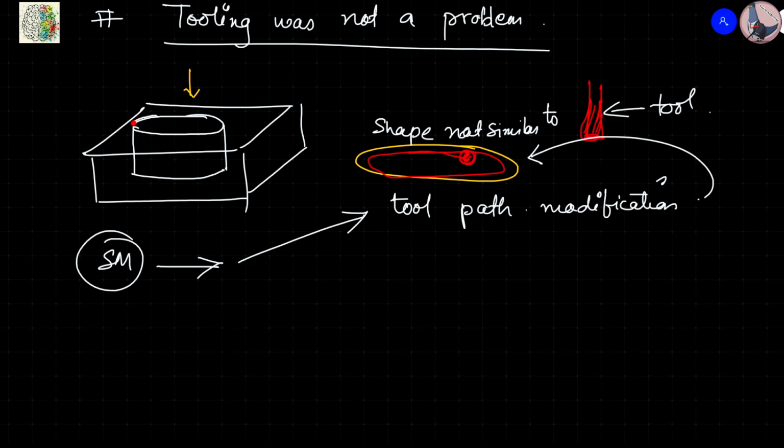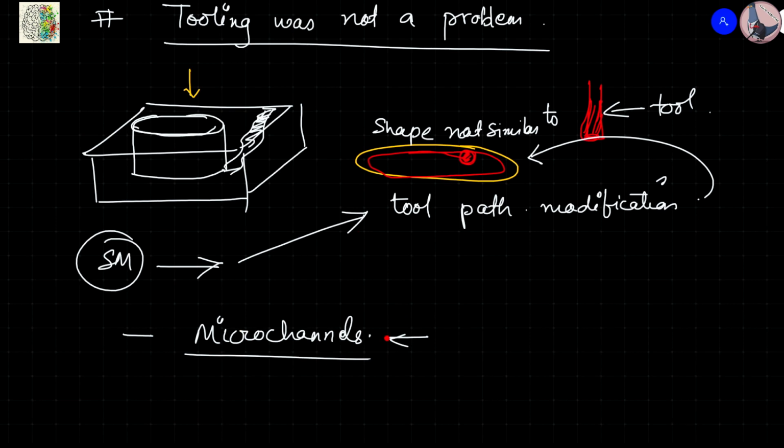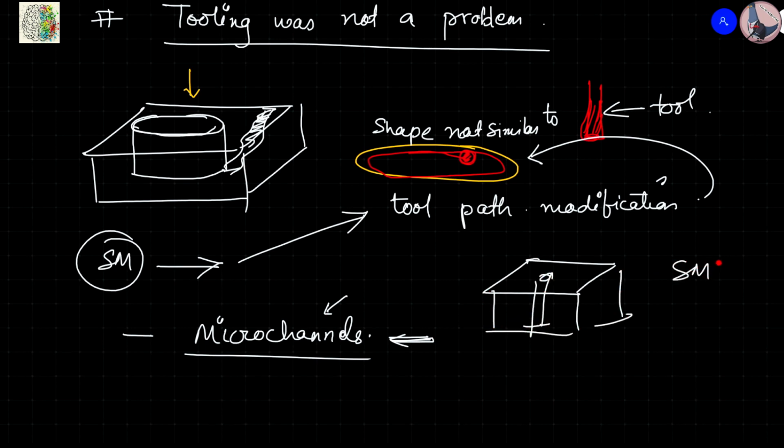Means if you want to make an elliptical hole or any channel, such things will not be a problem at all. Suppose you want to make micro channels, then subtractive manufacturing will not be a very good option, but additive manufacturing will give you very nice micro channels. That's why I might have shown you in the very first lecture that if you want to make a straight drill hole, then subtractive manufacturing is very good.